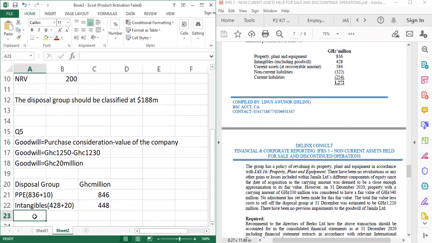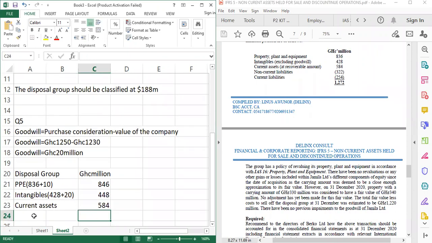Okay. The next one is what? Current assets at their recoverable amounts. So these assets, we are not going to do anything to them. That is their value, 584. We come to non-current liabilities.